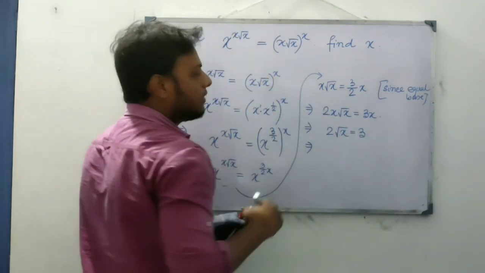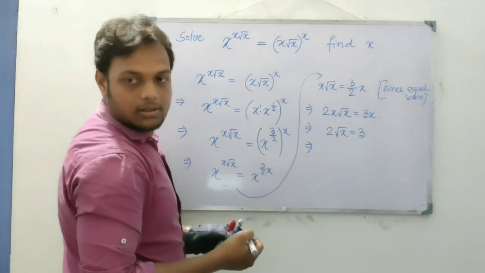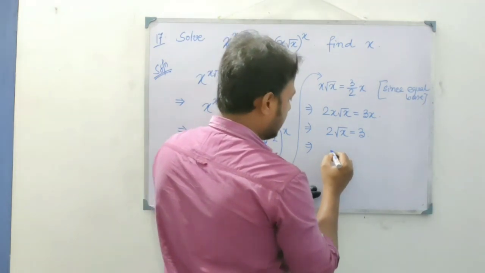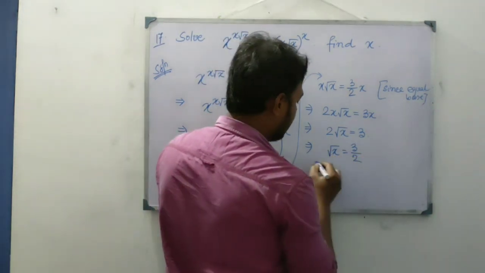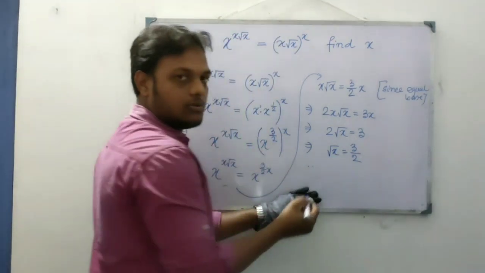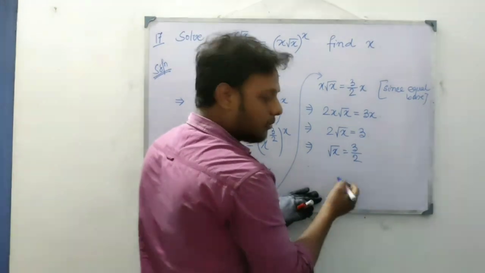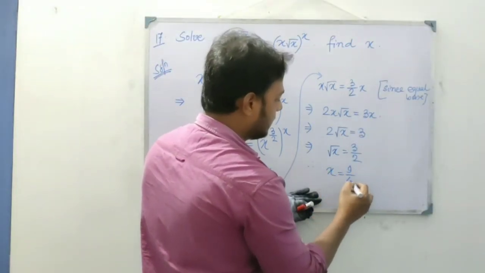Actually here x not equals to 0 has to be mentioned there, but it has not been given in the question paper. Okay, next, root over x equals to 3 by 2. Therefore x equals to root over x squared. If we convert it into x, then we have to consider squaring both sides. So it will be x, and this is 9 by 4.